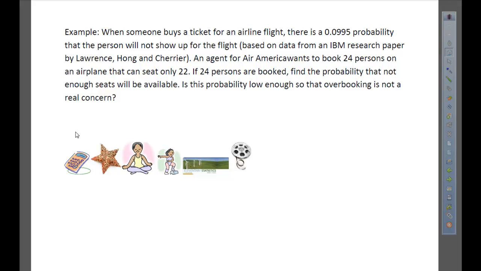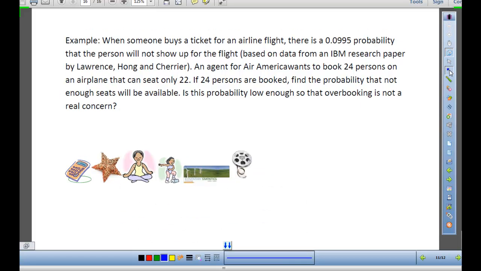They either show or no show, okay, and the trials are independent. All right, so it meets the criteria of the binomial experiment. So what probability exactly are we looking for? Not enough seats. How do we write that numerically? In terms of x.